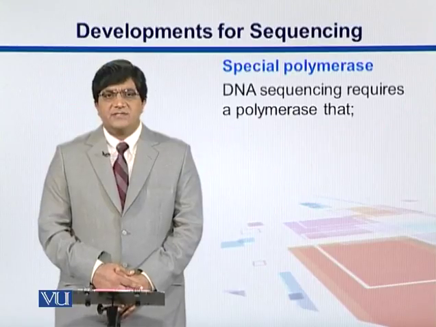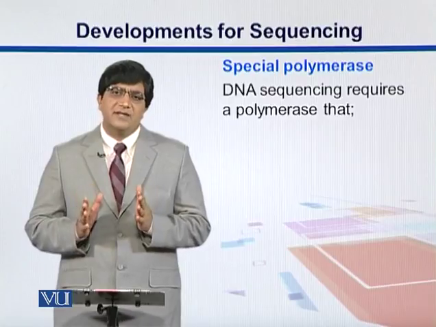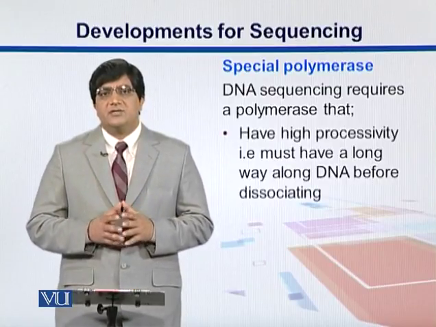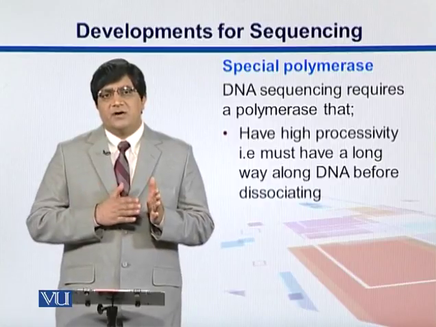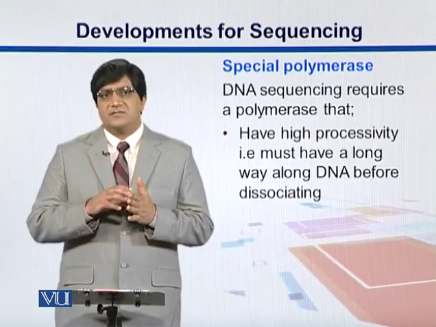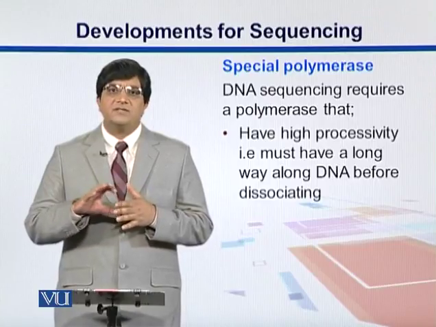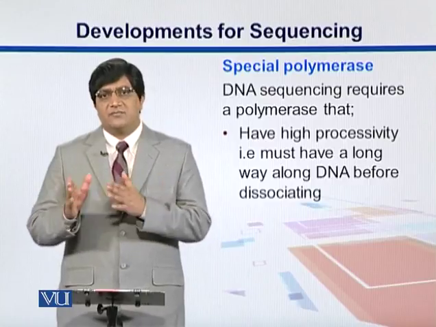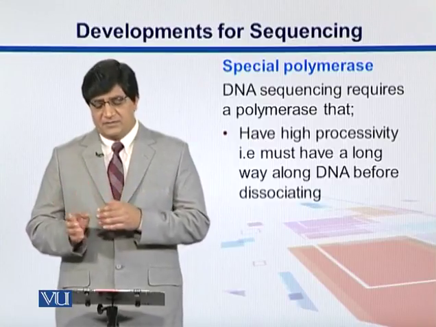In DNA sequencing, we need a special polymerase that has high processivity. That means it should not come off the replication process, as normal polymerases sometimes do, and we want longer fragments, so we want high processivity.